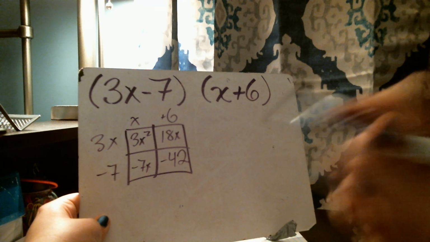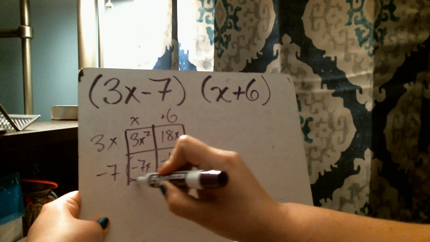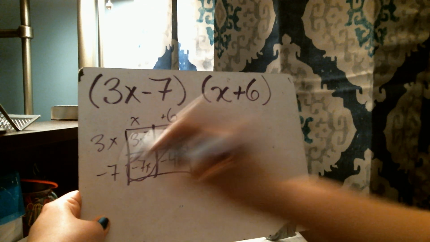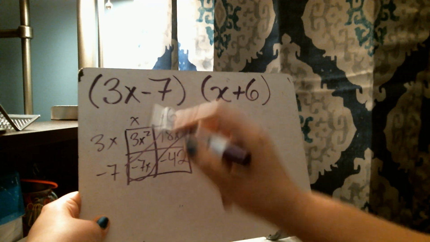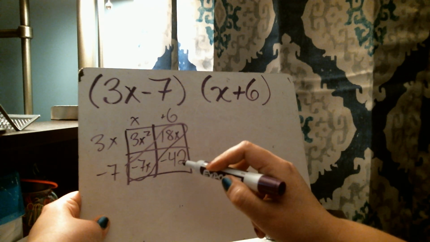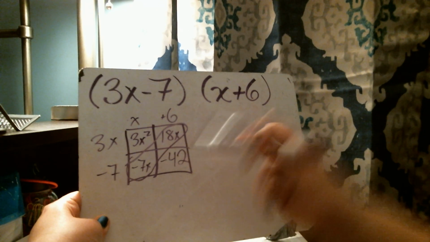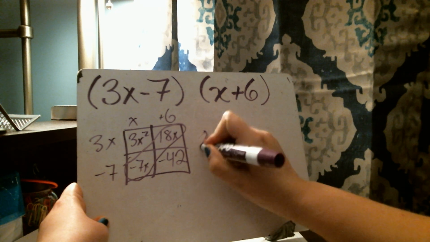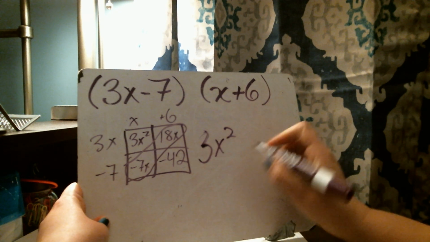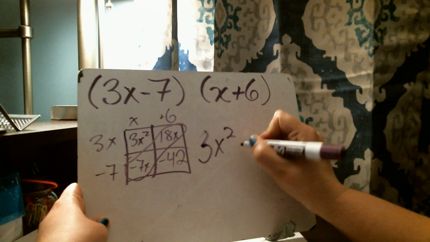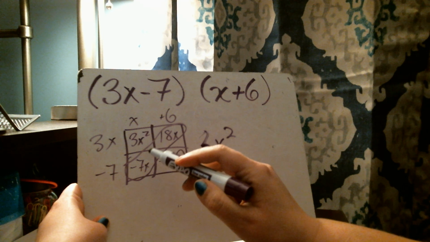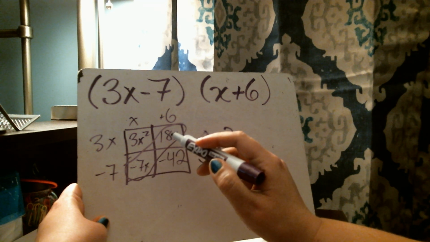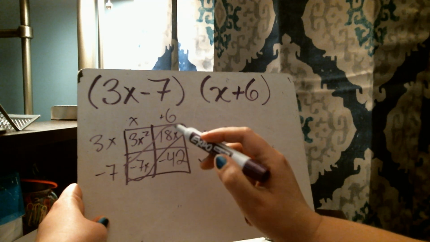Now this is the cool thing about the Punnett square method, is that you know that all you have to do is combine on the diagonal, because there's only one squared, only one constant, I guess. So our final answer would be 3x squared, 18 minus 7. And that's the other really cool thing, is that if this one were positive and this one were negative, we could go 7 minus 18.